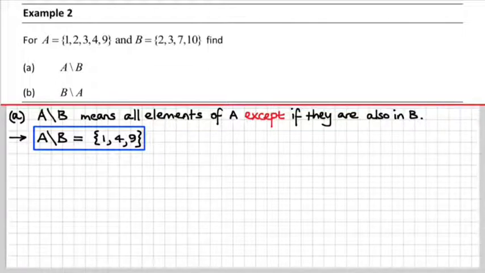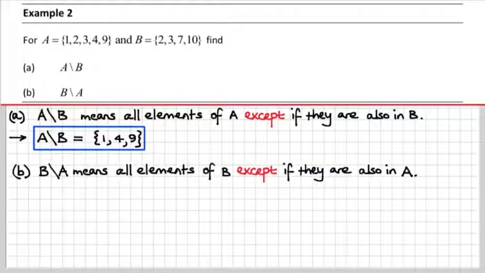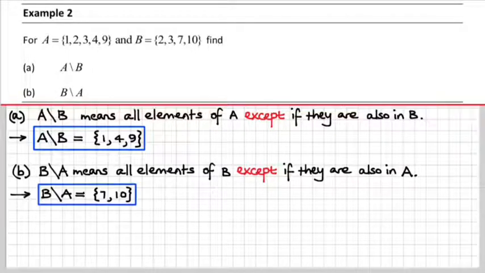Very nice. Pretty easy, huh? Part B, we've got all elements in B excepting if they're in A, which would mean the residual of B after you take the 2 and the 3 out. So that means 7 and 10.